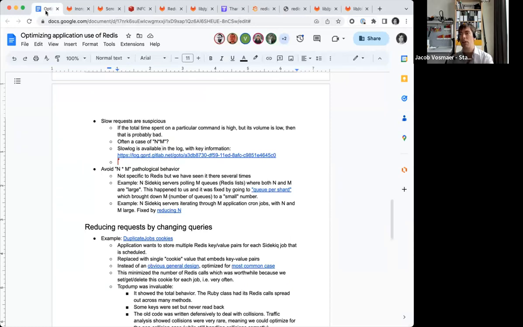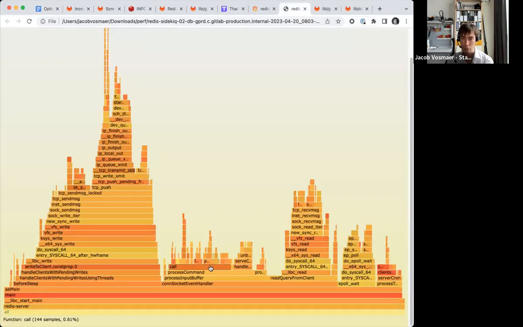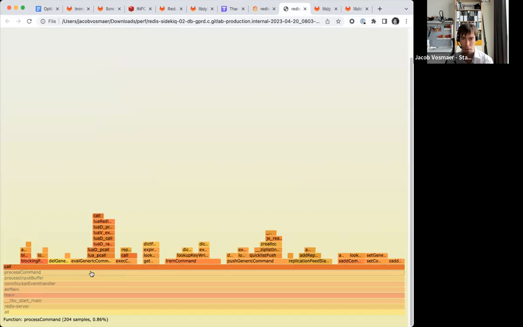You can't always find something like that, but if you find something like that, that is worth looking at. And of course, slow also means that right now everything looks roughly the same size, but sometimes one thing is like 5 times bigger than everything else. And then that is an obvious target for optimization.